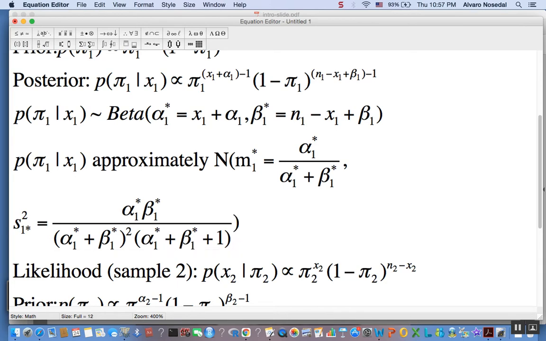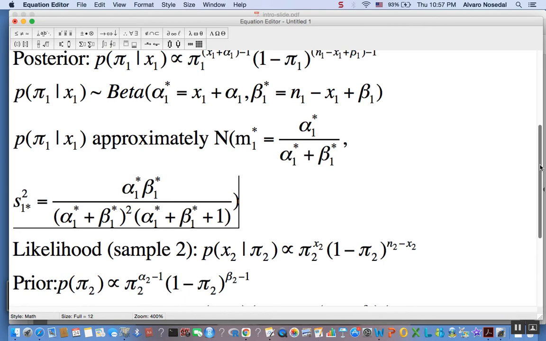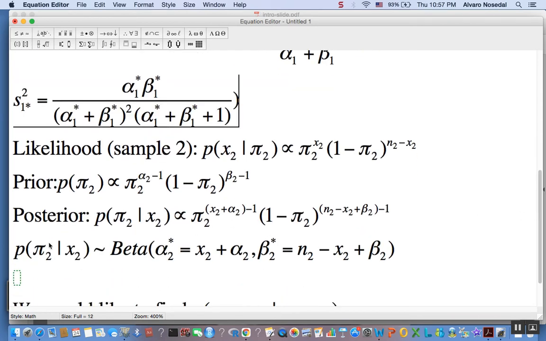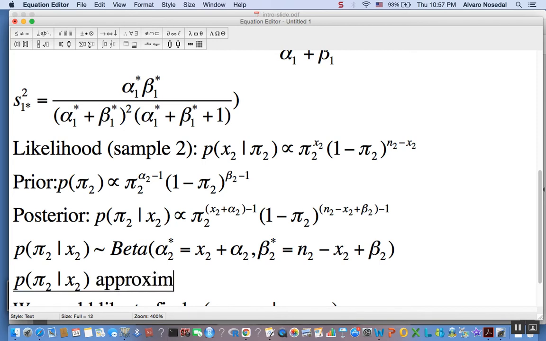There we are. Okay. So we're going to be doing something similar with the second prior. We're going to approximate that beta with a normal that has the same mean and the same variance as our beta posterior.